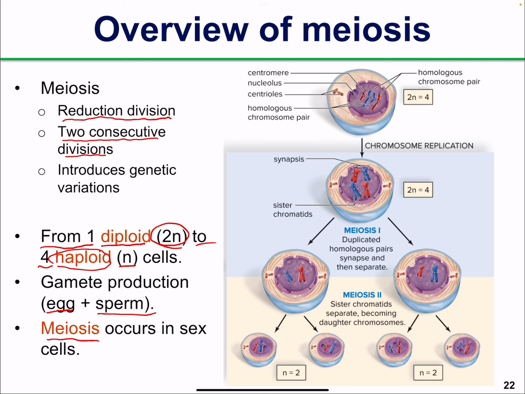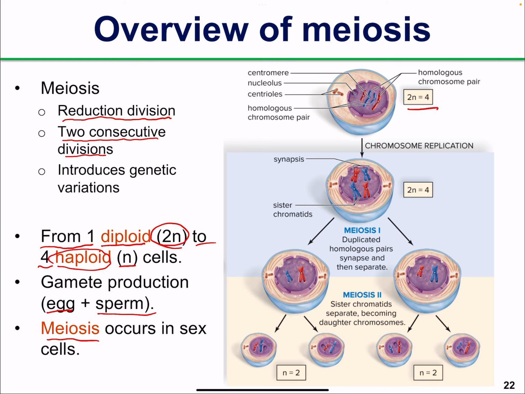We have 2 divisions, so the graphic representation on your right-hand side shows you 2 divisions with a parent cell with 2n chromosomes, that are going to undergo interphase just like any cell, right? During interphase, you have the S phase.